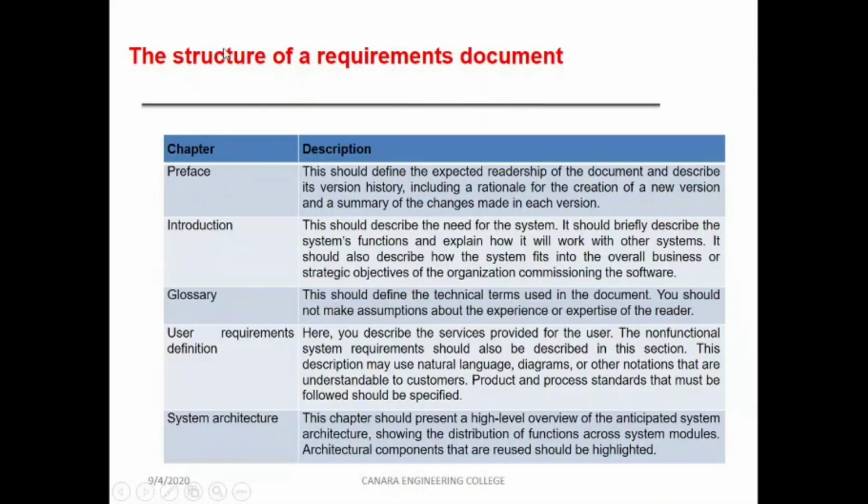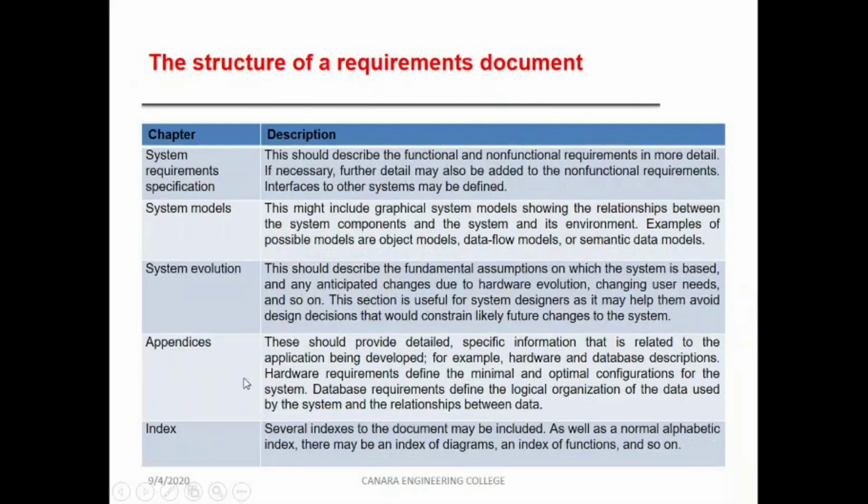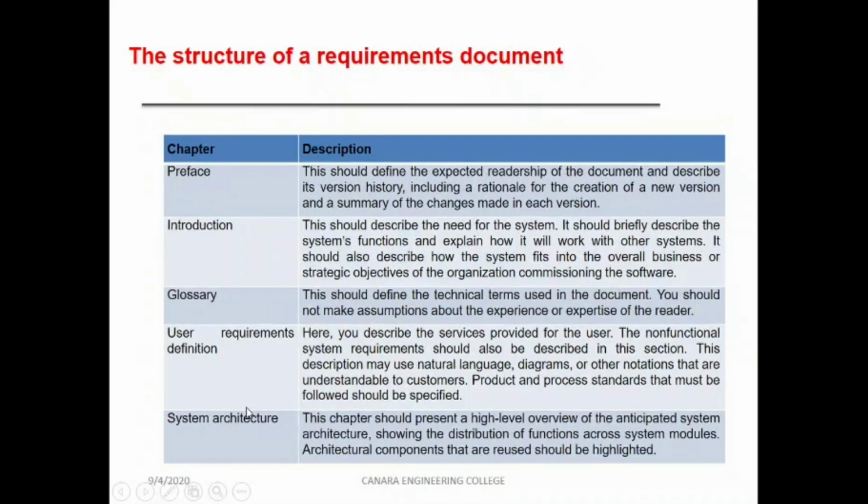So you can see some structure. The chapters are: preface, introduction, glossary, user requirement definition, system architecture, system requirement specification, system models, system evolution, appendices, and indexes. These are the chapters followed in the structure of the requirement document before developing a product.